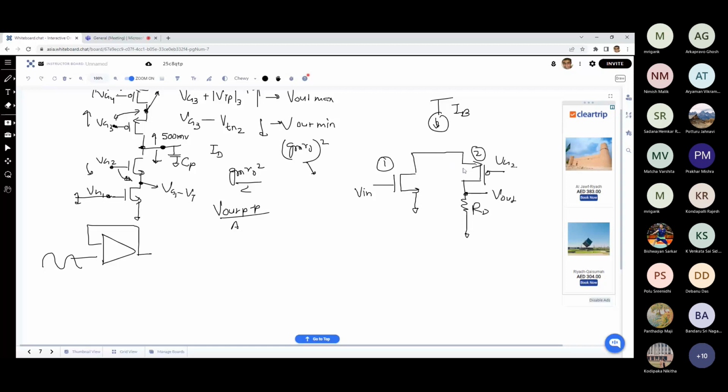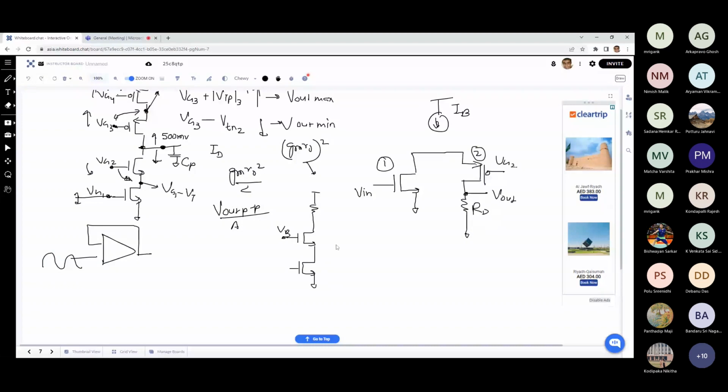So in the original design, we had a scenario like this. We have an NMOS input device, and this is the cascode device with constant gate voltage. Now the only thing we have done is we still have the signal flowing into the source of another MOSFET, but it is a PMOS in this case, and then you have RD.